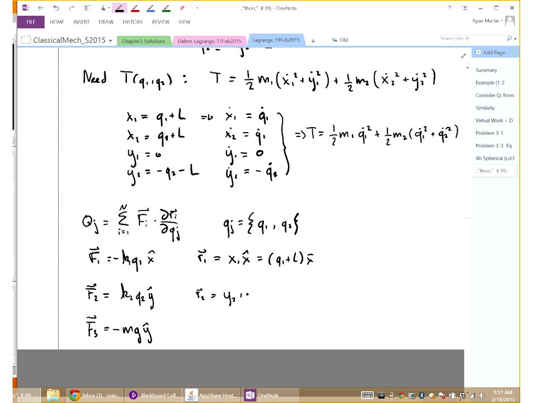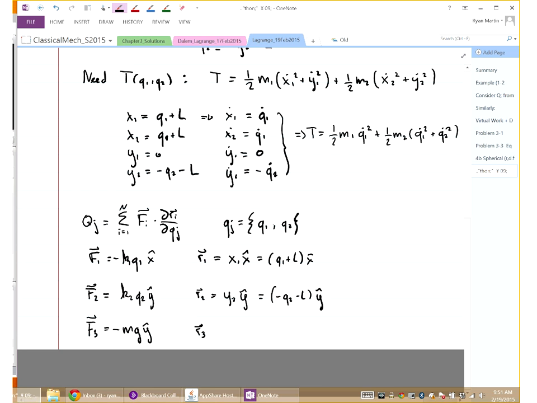R2 turns out to just be the position of mass m2, right? That's where the second force is applied. So if I plug in my value for y2, that's minus q2 minus L in the y hat direction.